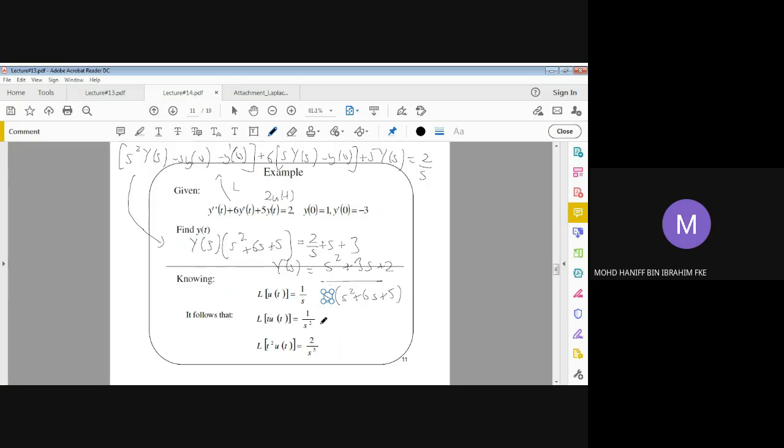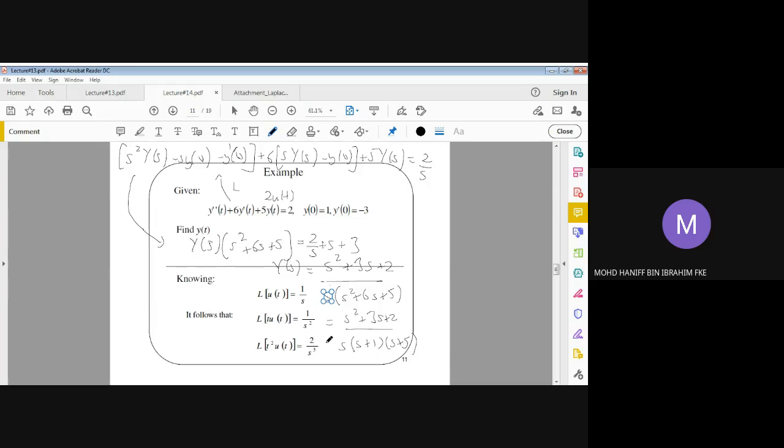So we can rewrite this as s squared plus 3s plus 2 divided by s times (s plus 1) times (s plus 5). So that should be your Y(s).